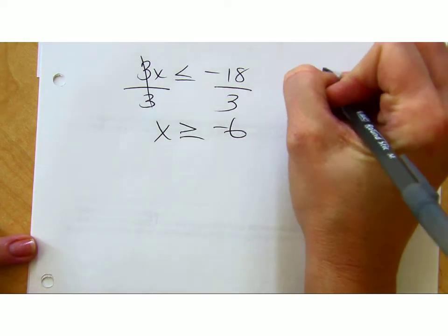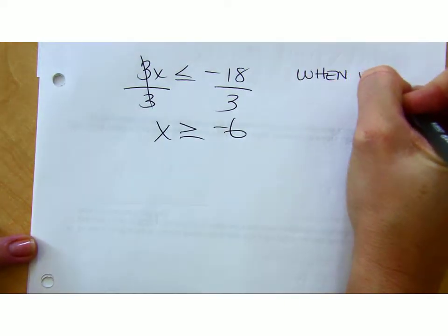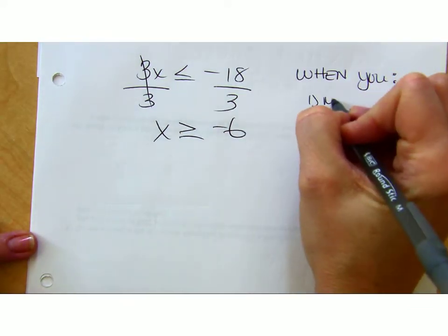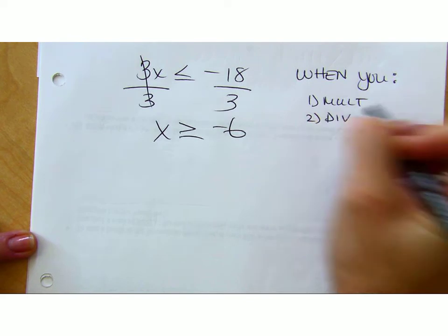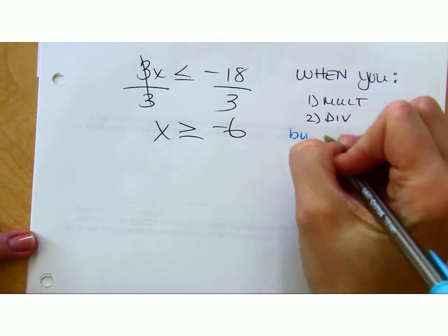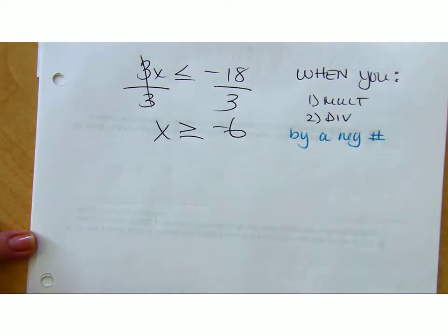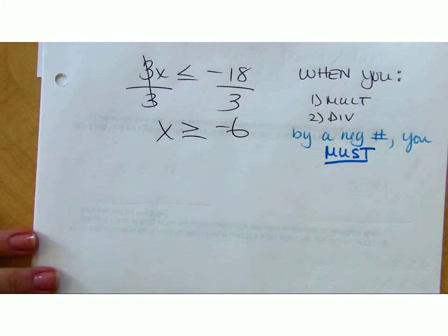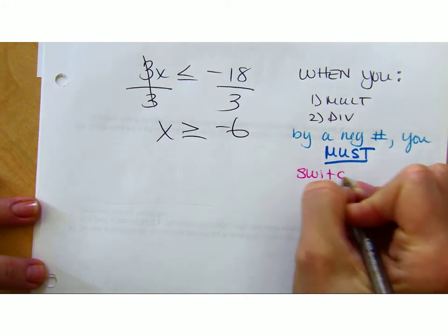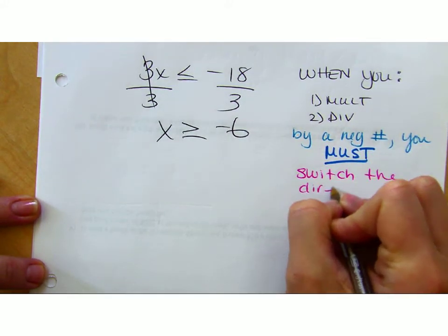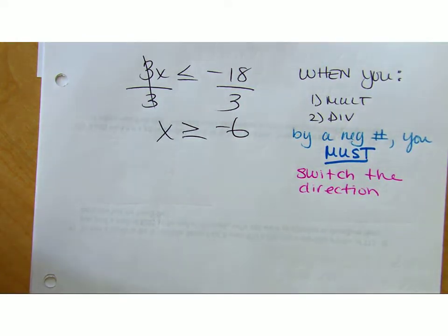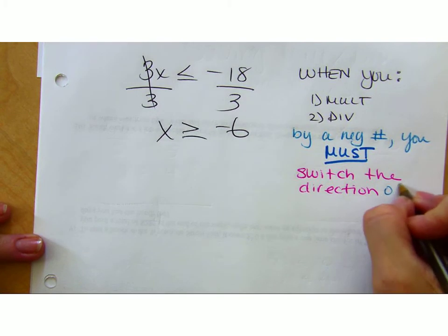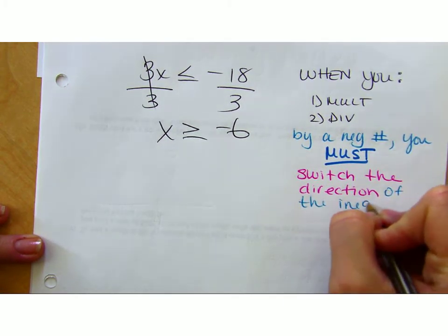When you do one of these two things, either multiply or divide by a negative number, you must, and we say flip it, I say switch the direction, sounds a little more official, you must switch the direction of the inequality sign.